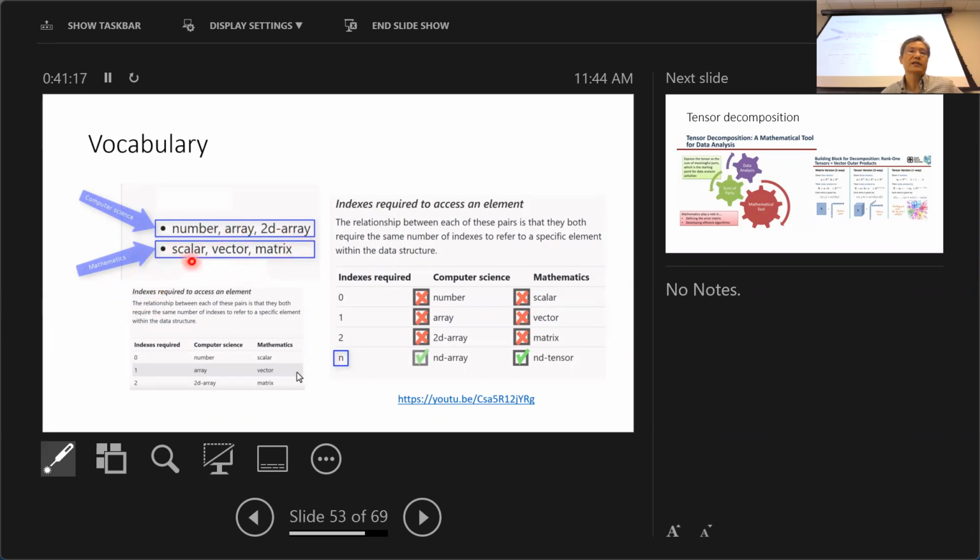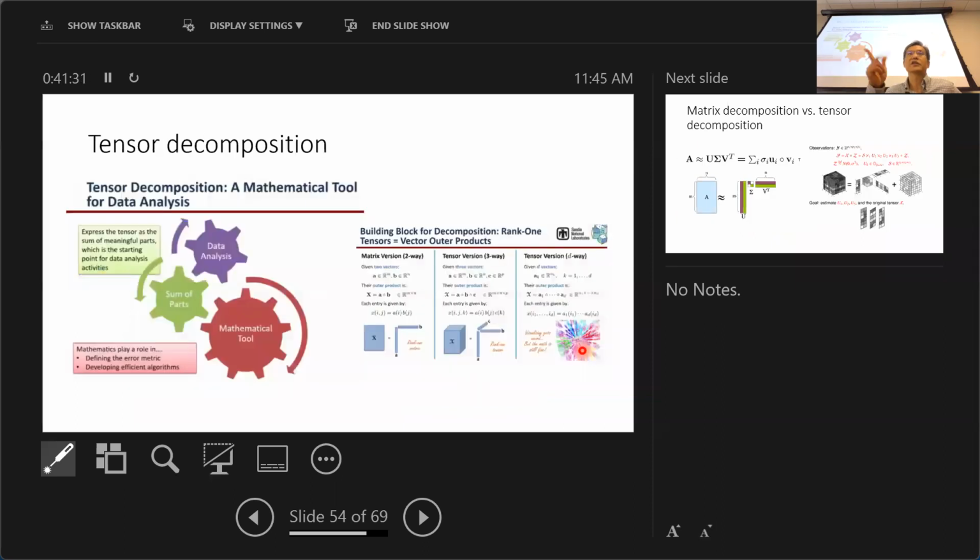Then it's called scalar, vector, matrix, just synonyms. And then you call it ND array or ND tensor. So, different words, sometimes interchangeable keywords.